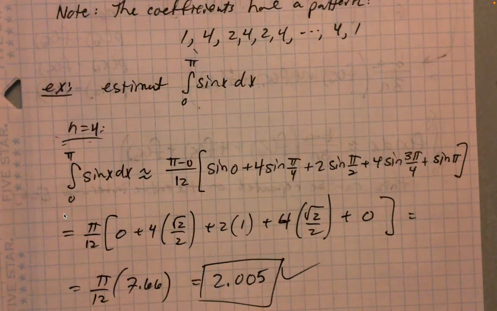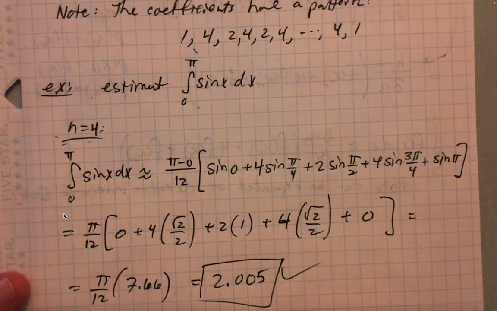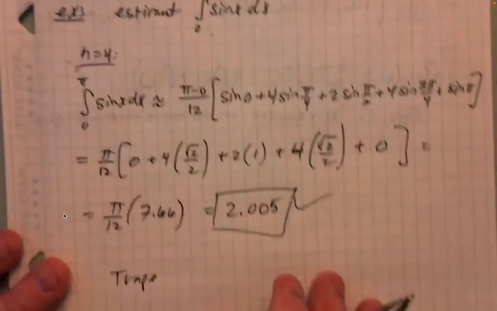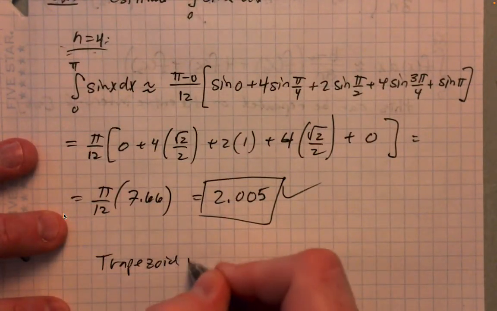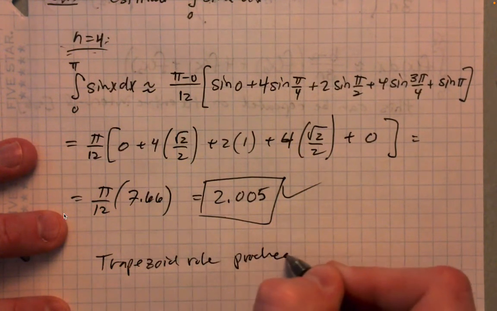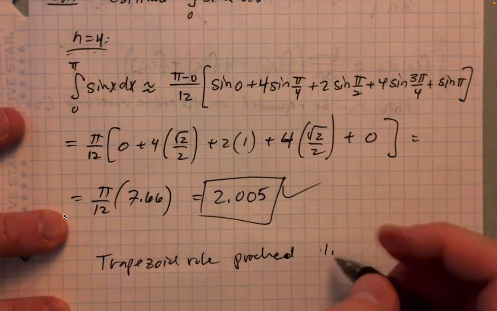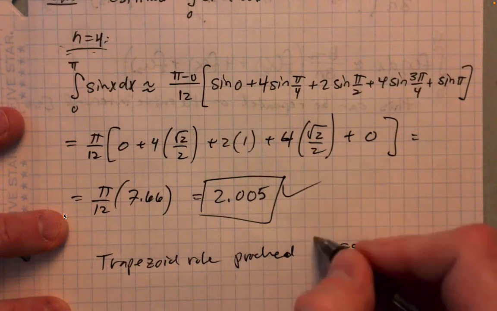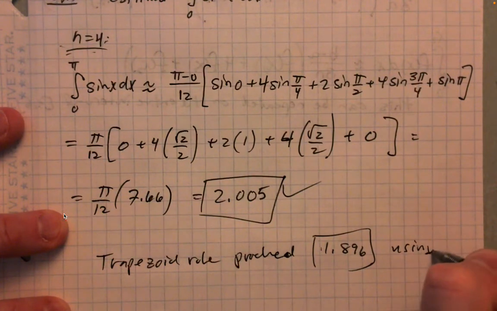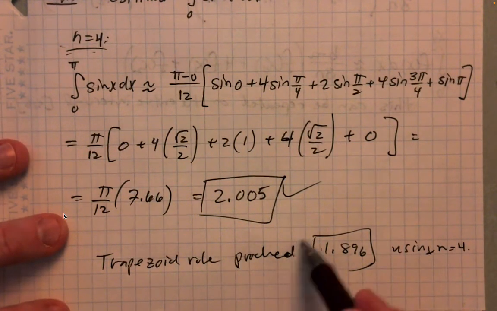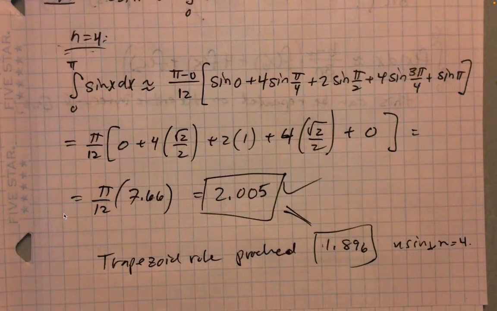With the trapezoid rule, nothing wrong with the trapezoid rule, but we were seeing that the trapezoid rule produced 1.89 using n equals 4. Okay, so this is obviously a little bit better. So yeah, there it is. That's another technique that can be used to approximate integrals.